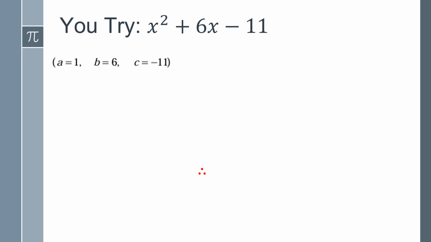So we labeled, and we know that A is 1 because when you see a variable by itself, it's always going to have the coefficient of 1, so it's going to be 1x. So we know A, B, C. Did you put in the formula?